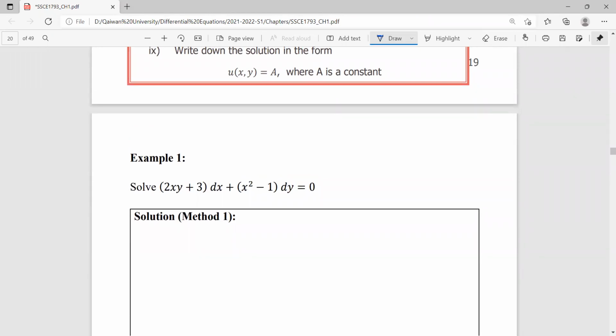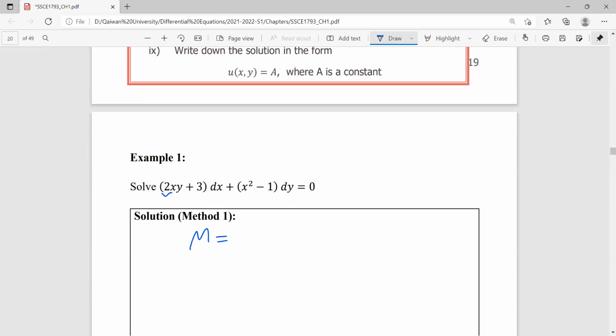It says solve this differential equation. If you want to solve this by exact, you must first test for exactness. How do you know whether a differential equation is exact or not? We must first know what m and n are.